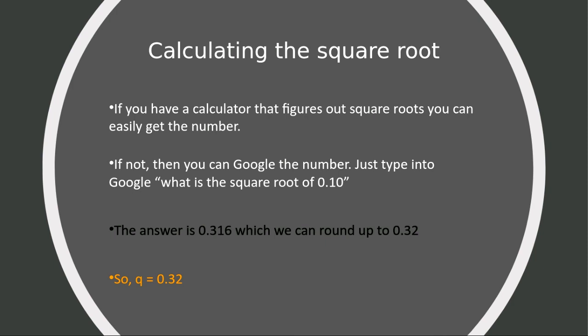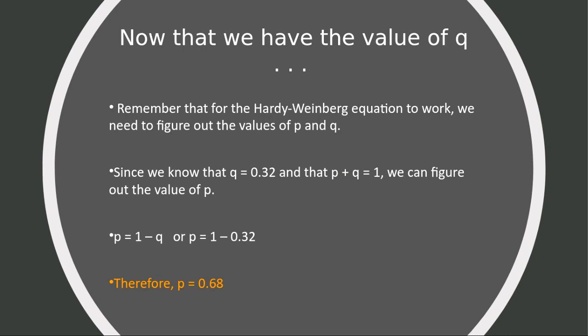So our value for q now is 0.32. Once we have the value of q, we can then figure out the value of p. Remember that for the Hardy-Weinberg equation to work, we need to figure out the values of p and q. We just figured out q, so it's easy to figure out p. Since we know that q equals 0.32 and that p plus q must equal 1, we can plug in that value of q to figure out p.